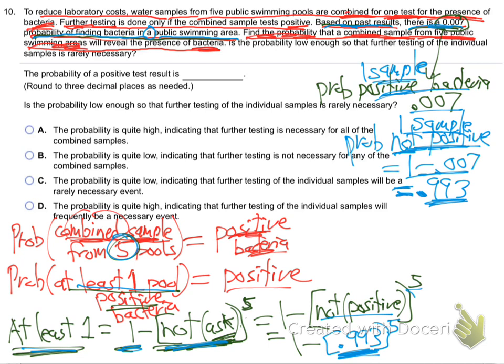And how you type that in, let me write that up here for you. On your calculator, 1 minus 0.993, to the power, you have an up arrow button, which is on the right side of the calculator. Up arrow, that's your power button. So on the right side, right below the up, down, right, left arrows, right below the clear button, up arrow 5 equals, or enter, I mean.